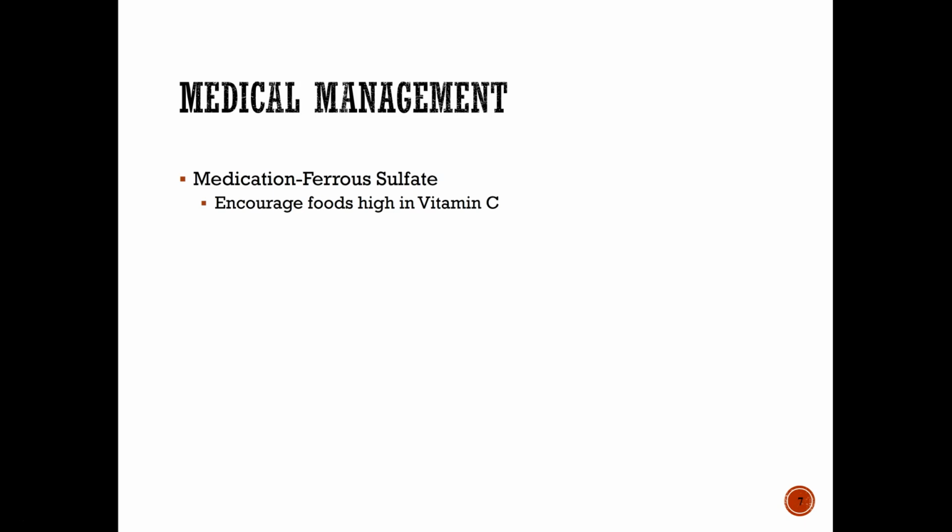When I was working in maternity, we would have a lot of women that would have anemia in their second trimester. And so we actually recommended that they take iron with a glass of orange juice, because it has vitamin C in it, and it increases the amount of iron absorbed to its maximum level.